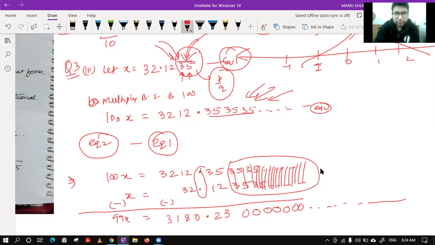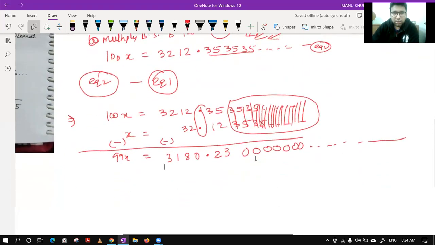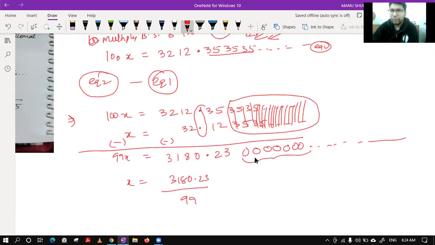So you can see x is equal to 3180.23 upon 99. You all know after decimals, if you have zeros at the end, that doesn't make any sense. So you can remove that, remove the decimal and put the answer like this. So this is the answer.